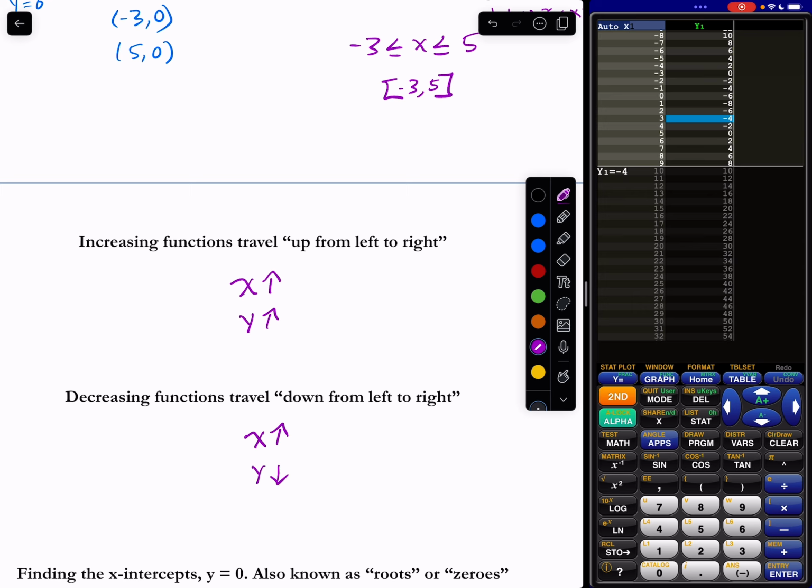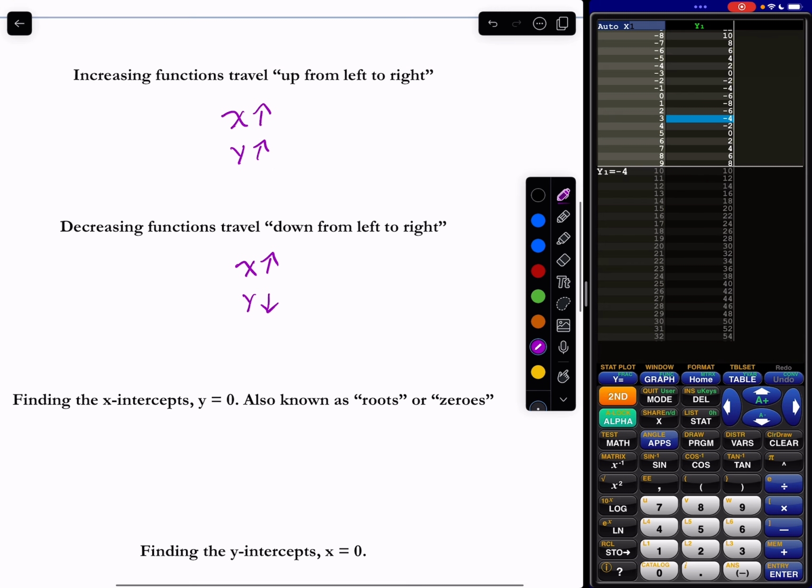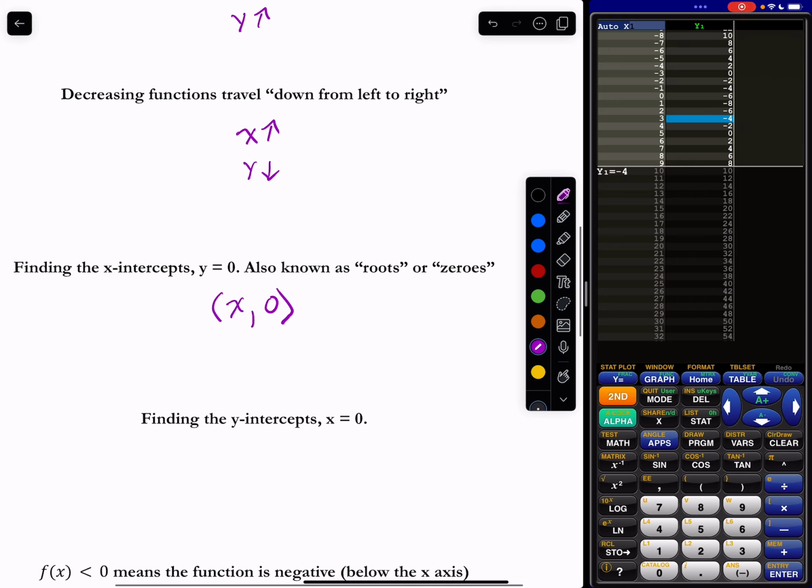Those are considered decreasing functions. Okay? Now to find the x-intercepts, we want y equal to 0. So whenever you write an x-intercept, the y value is always going to be equal to 0, and then you're going to have an x value that represents the x-intercept. And if you have a y-intercept, it's where x is equal to 0. So you would say 0, comma, whatever that y value is.